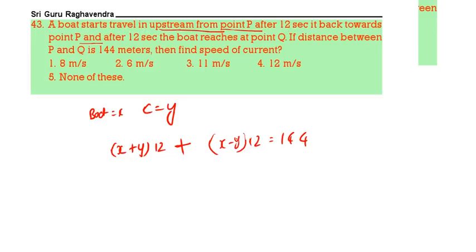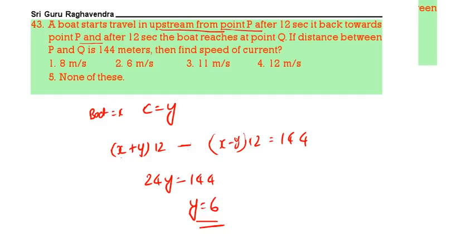Now which one will cancel? X and X will get cancelled. Minus into minus is plus. So 24Y is equal to 144. Y value is equal to 6.